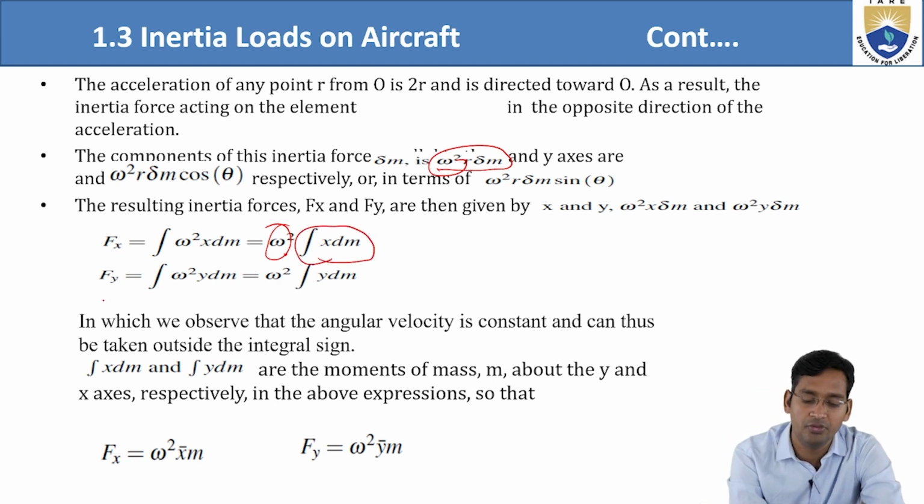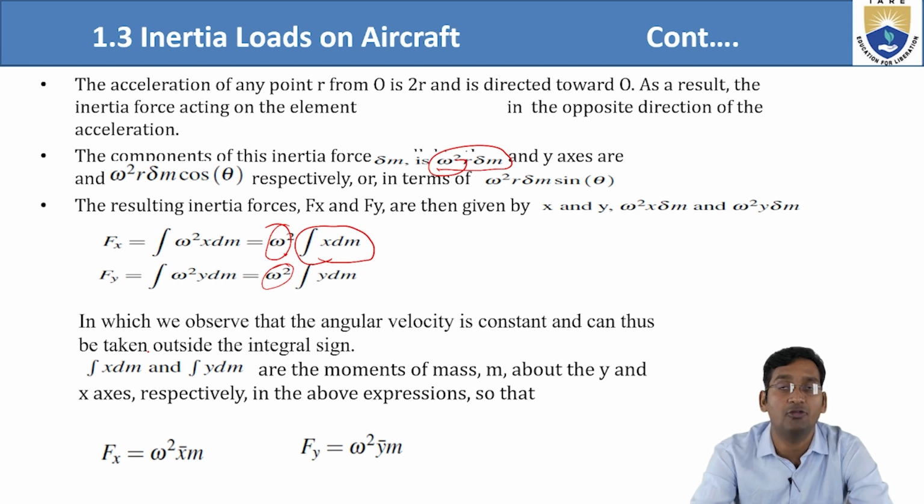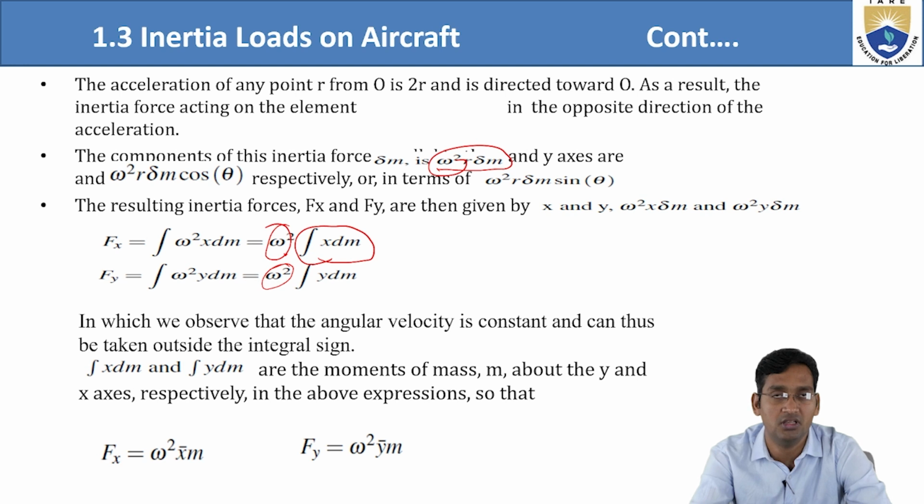Now Fy is what? The integral of omega square y dm. Again, after taking omega square out of the integration, we observe that the angular velocity is constant and can thus be taken out of the integral sign.